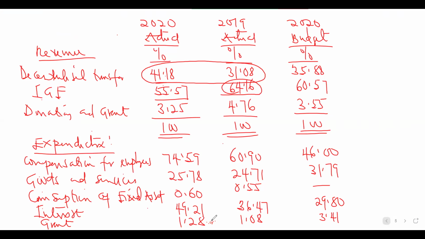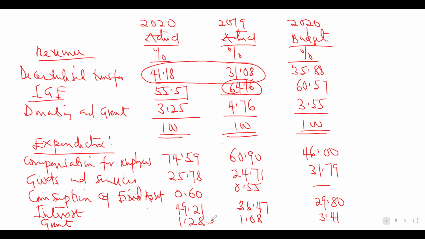At the start of the year, the district assembly was even budgeting for 60.57%, but this is also falling below the budget. This reduction might be as a result of, then you state what you think is the cause.